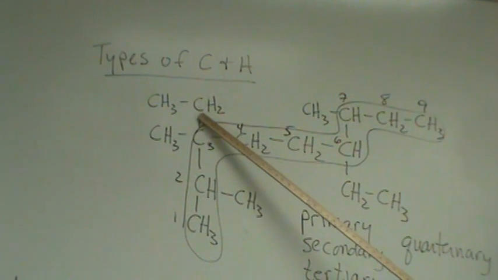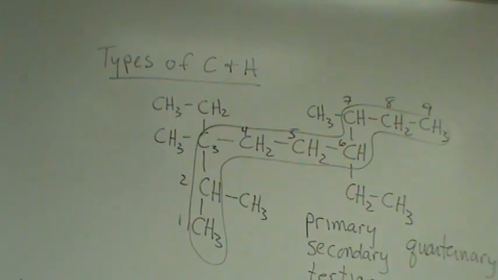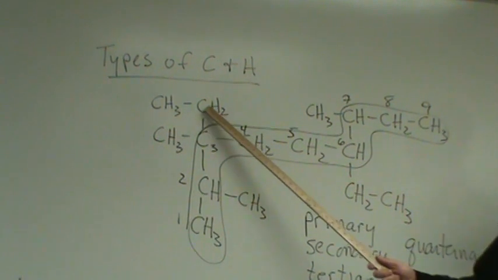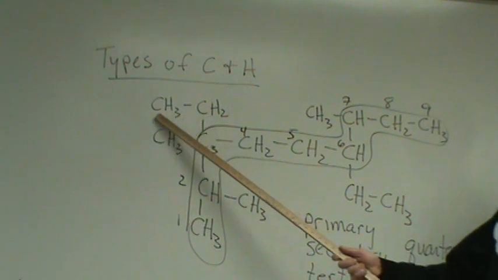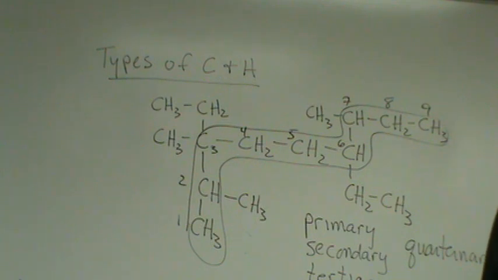So if there's just one carbon attached to it, it's a primary carbon. If I look at this carbon, how many carbons are attached to it? Two. One and two. So what do you think that is? Secondary. That's a secondary carbon.